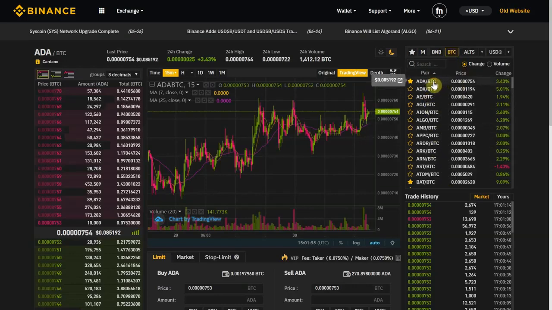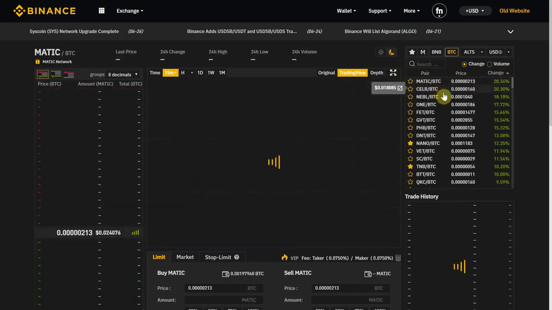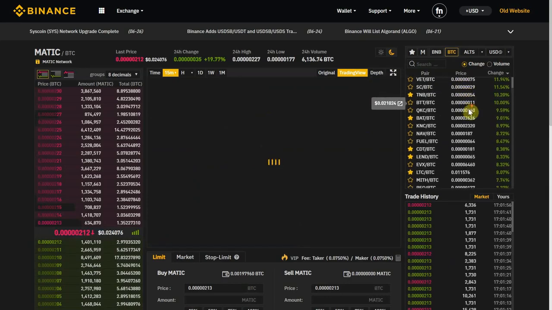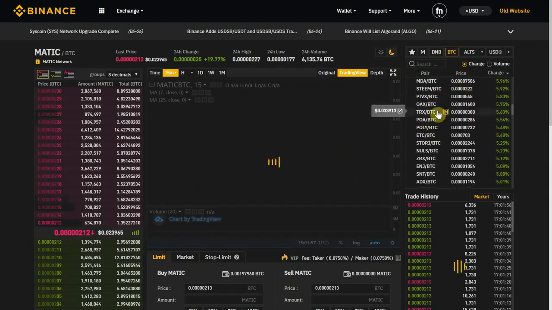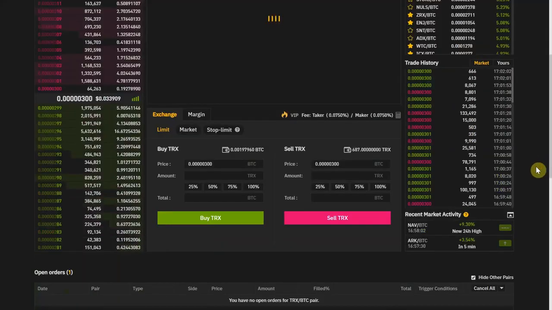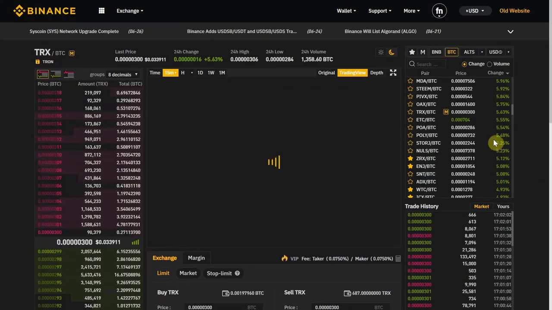So right now we're looking at Cardano here. You can filter and sort based on volume or percentage. You can sort over here. Matic, I don't know what this one is. Anyways, this is where you can select the market that you want to buy. Let's select TRX.